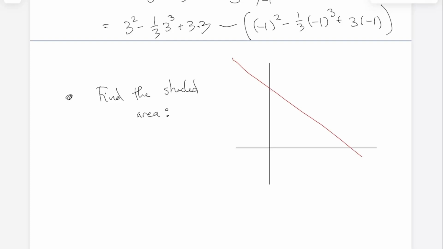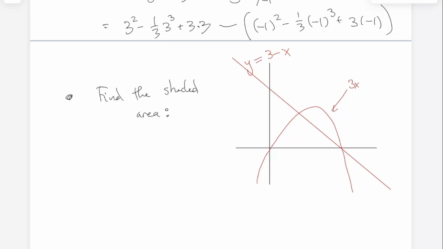Okay, I have one line. This is y equals 3 minus x, and then I have a parabola. Sorry, that's a lopsided parabola here. That's as good as it's going to get. This is 3x minus x squared, and I want this area here and here.